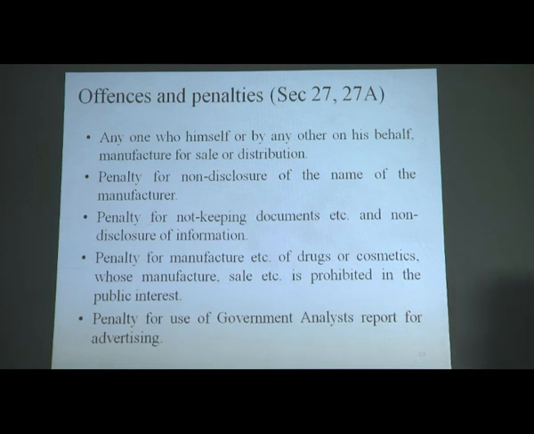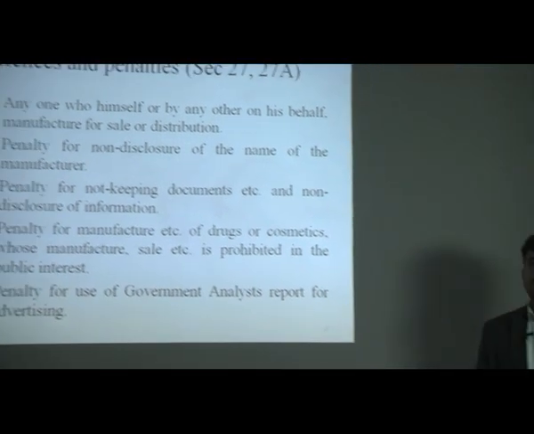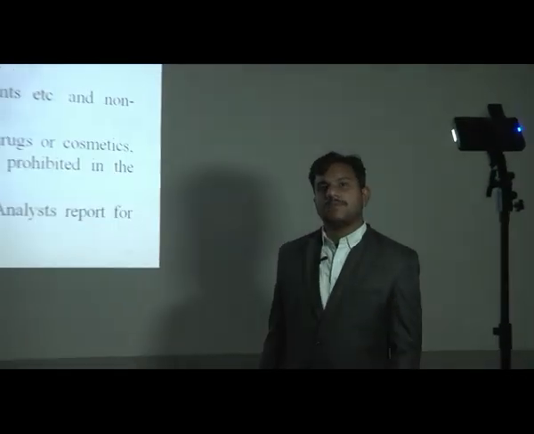So any person who uses the government analyst report, that is a report from the central drug laboratories or other government laboratories, for the advertisement of his product or drugs, will be subjected to punishment. On the first conviction, he will be fined not less than rupees 500. On any subsequent conviction, imprisonment of not less than 10 years, which may extend to 20 years, along with a fine of not less than 10,000 rupees.